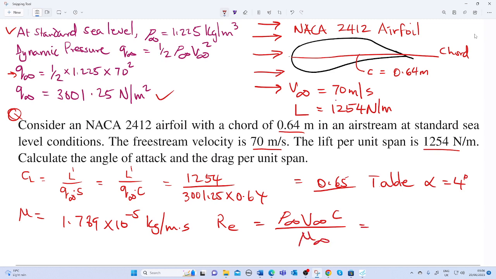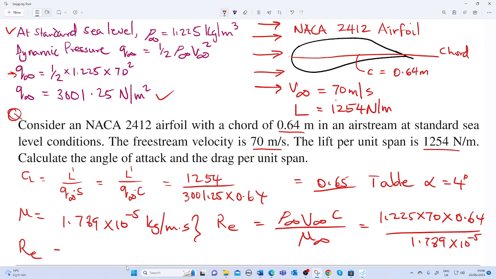That gives us 1.225 times the velocity, which is 70, multiplied by the chord length, 0.64, over the viscosity under the standard sea level conditions, which is 1.789 times 10 to the -5. So our Reynolds number calculated equals 3.09 times 10 to the 6.